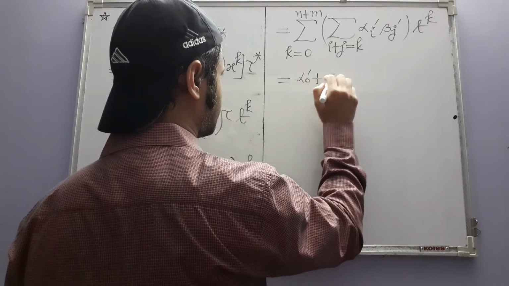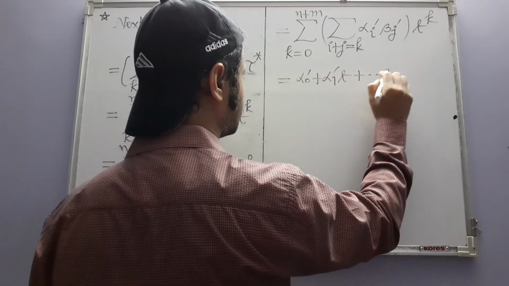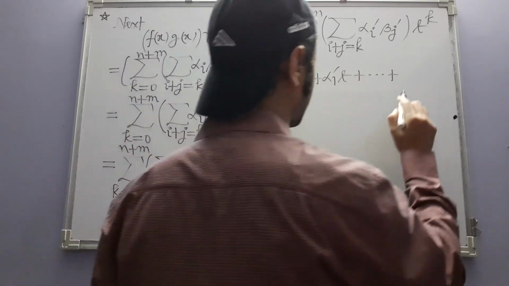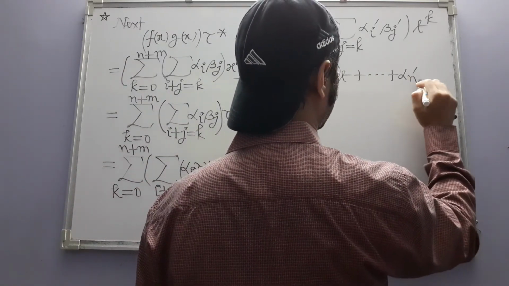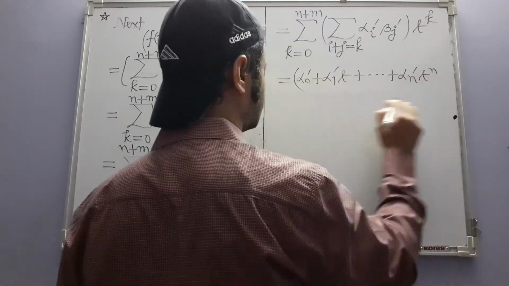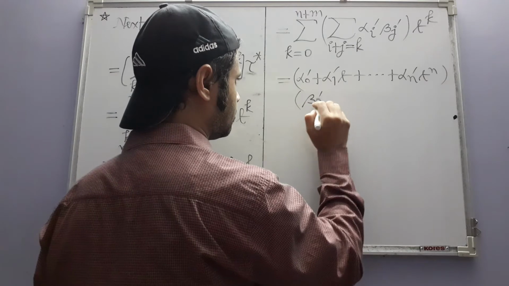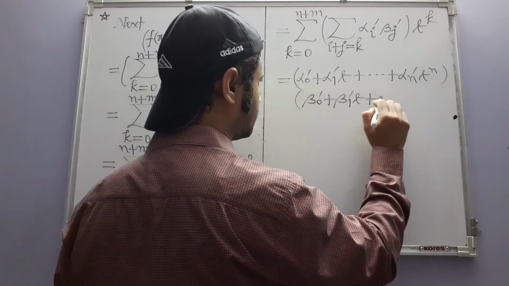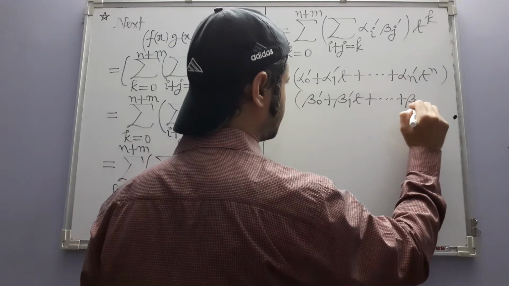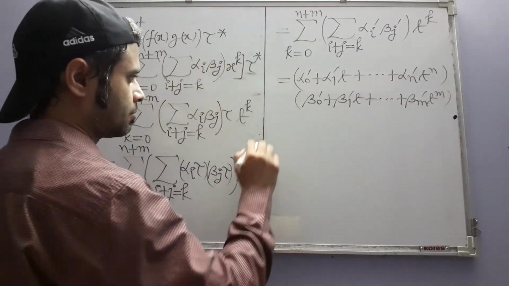And this you can clearly see is the product of these two polynomials, alpha naught prime plus alpha 1 prime t, etc., plus alpha n prime t to the power n, times beta naught prime plus beta 1 prime t, etc., beta m prime t to the power m.